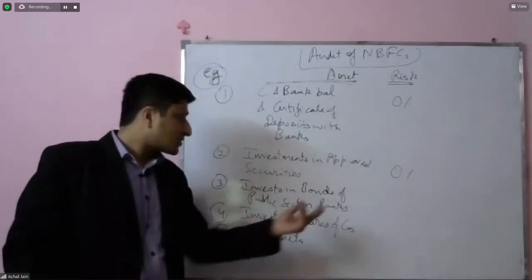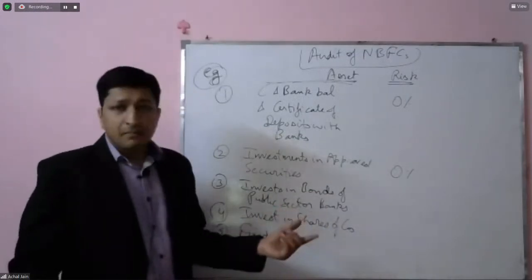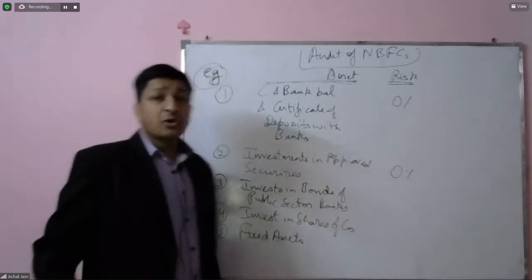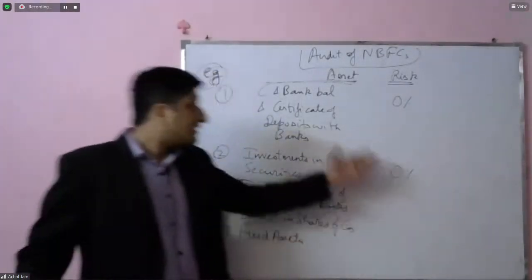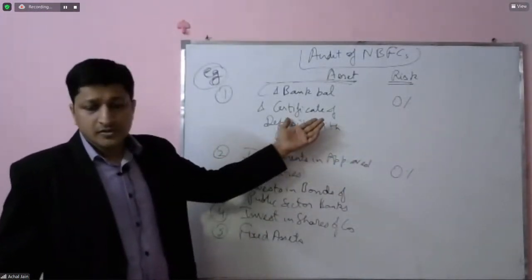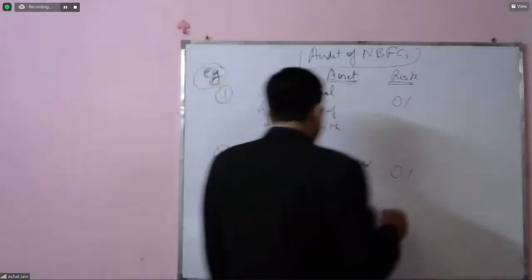It's a bond, but that is of public sector banks and the nature of security has changed. Then the regulatory authorities believe that it's not risk-free the way these securities were. And they have assigned a risk of 20% to this.